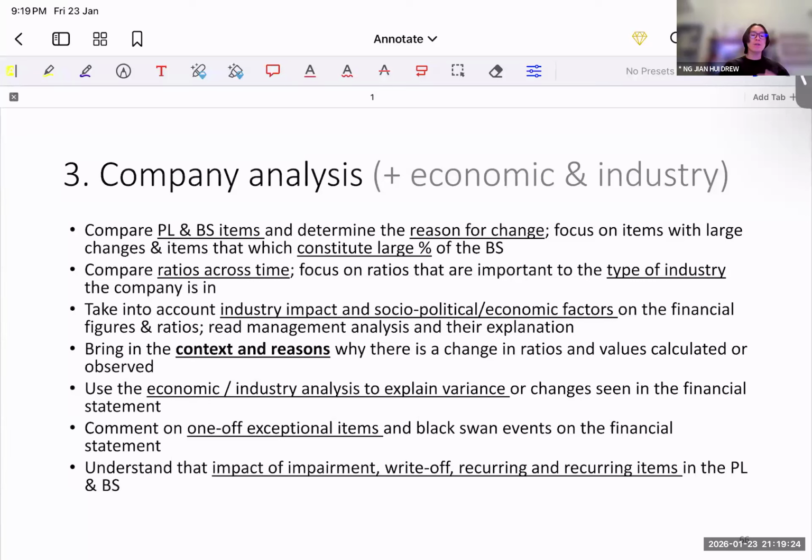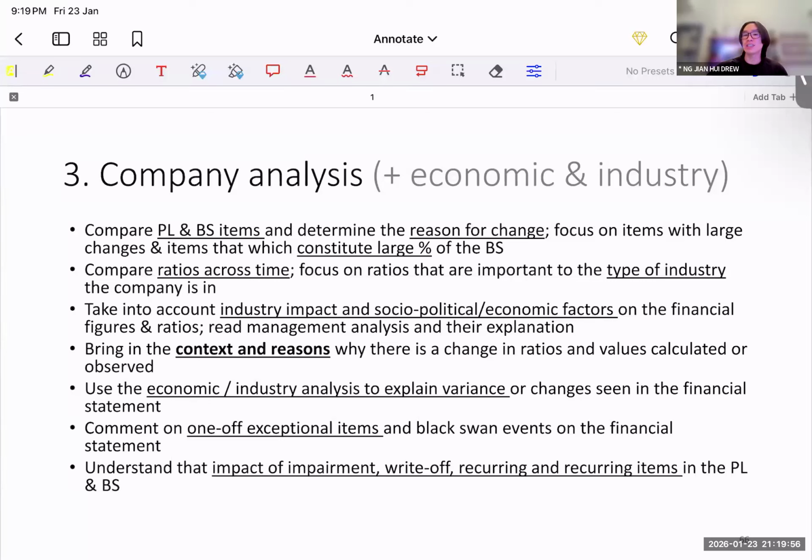Right. So we start off with what? We start off by looking at the financial statement, the profit and loss and balance sheet. And we try to identify, because the financial statement can be so extensive, right? And if you are doing a listed company, it's going to be quite long. So the question is, what do you look at? What should we focus on? So the first step is really to look at the balance sheet items or P&L items that constitute a large portion of that statement.